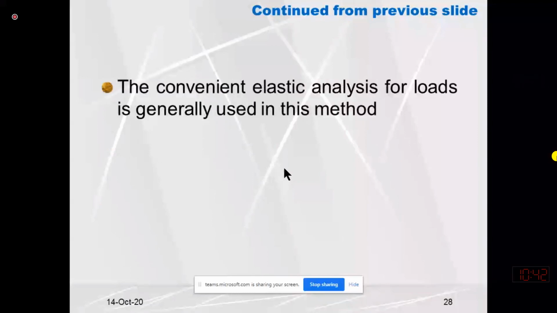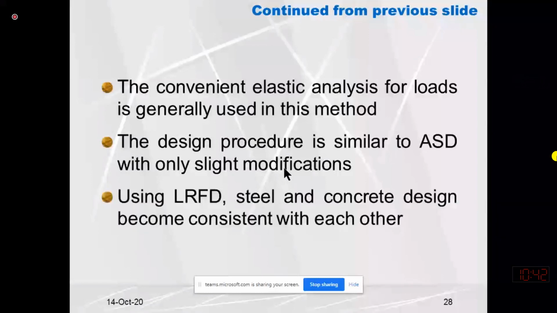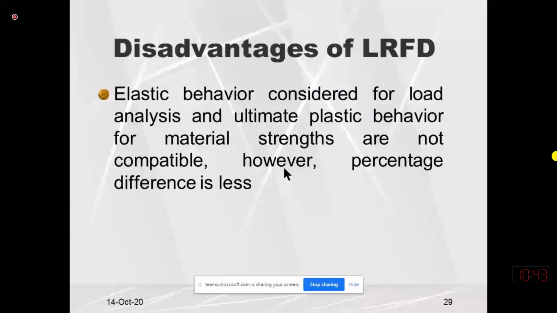The design procedure is similar to ASD with only the slight modification that I have explained. Using LRFD, steel and concrete design become consistent with each other. So I told you that in steel design and concrete design, we can achieve the same economy level. What are the disadvantages? Elastic behavior considered for load analysis and ultimate elastic behavior for material strength are not compatible.